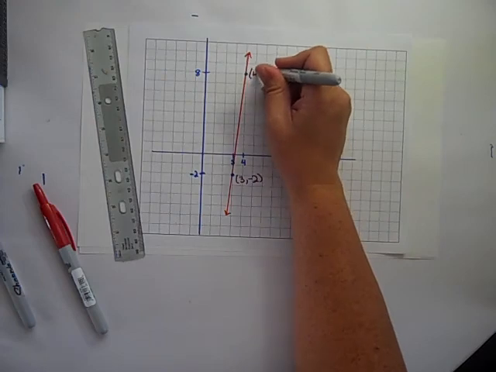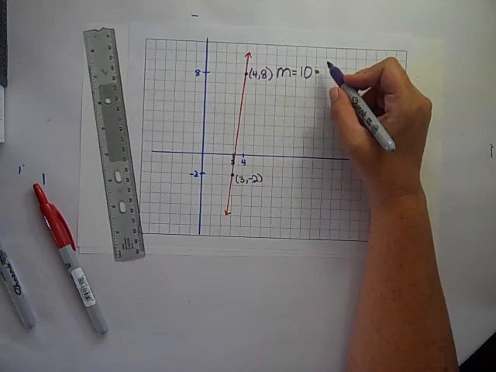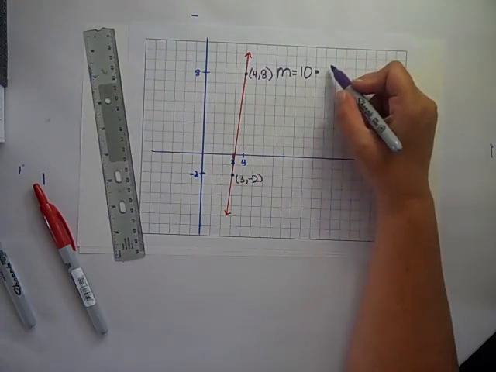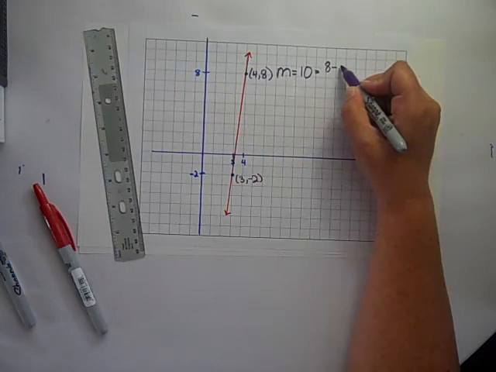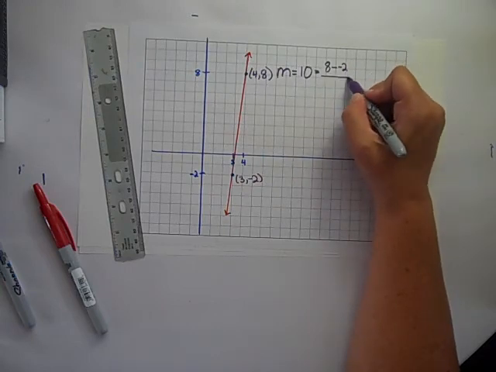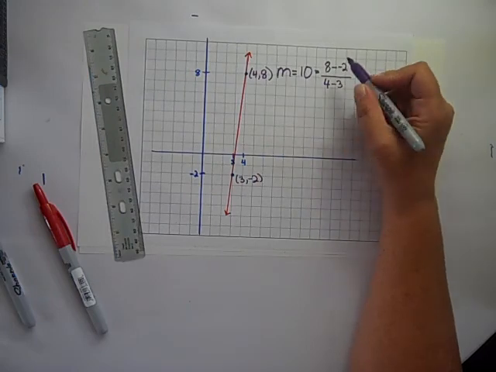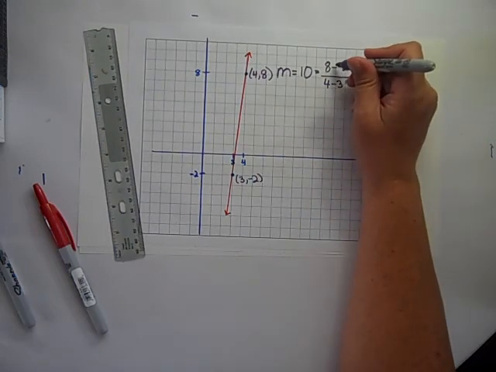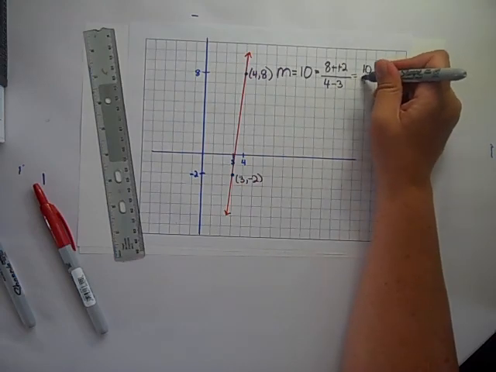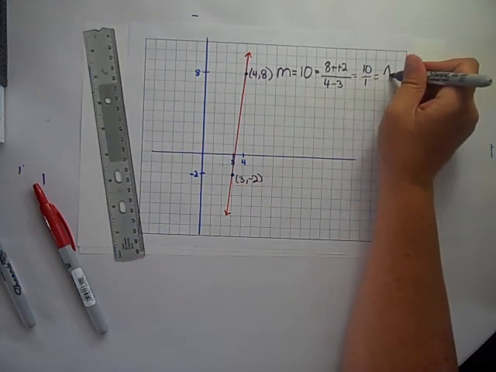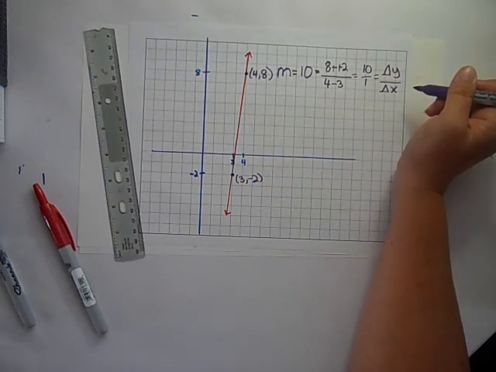This is 4, 8. And if we did our y2 minus y1, we'd have 8 minus -2 over 4 minus 3. Of course, a minus a negative, change. So that's 10 over 1, and that equals the change in y over the change in x.